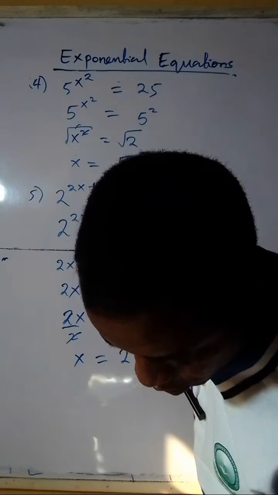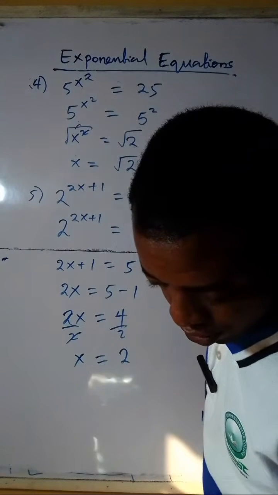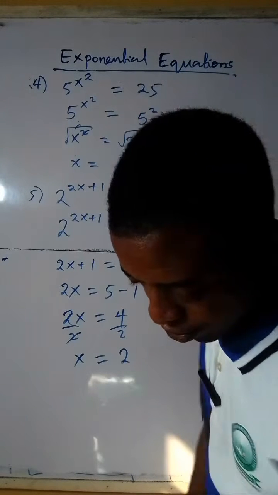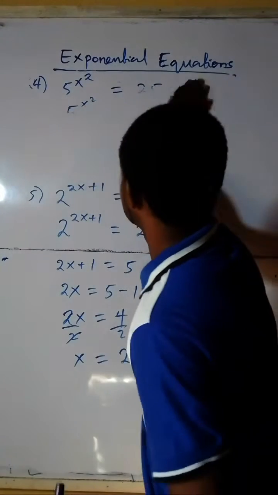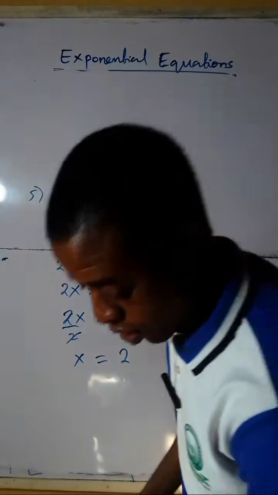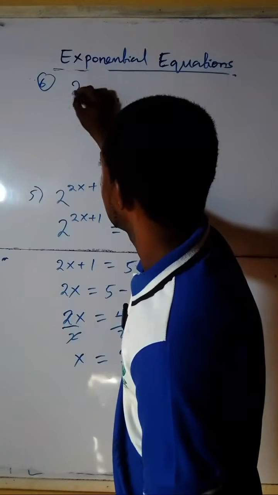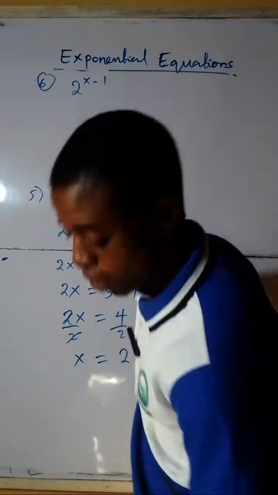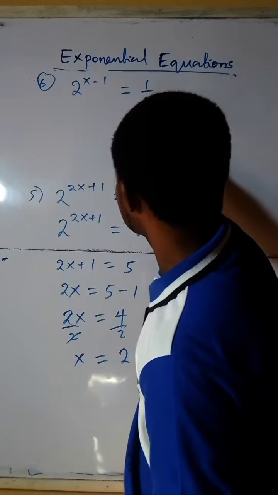Then also let's solve another one here, which is number 6 now. We have 2 raised to power x minus 1 is equals to 1 over 4.